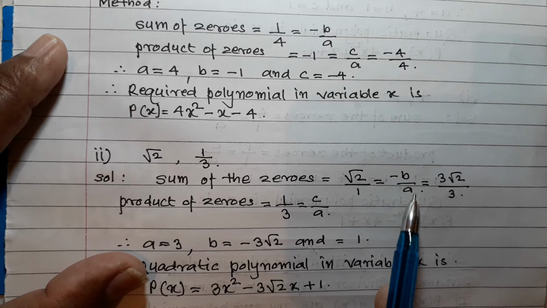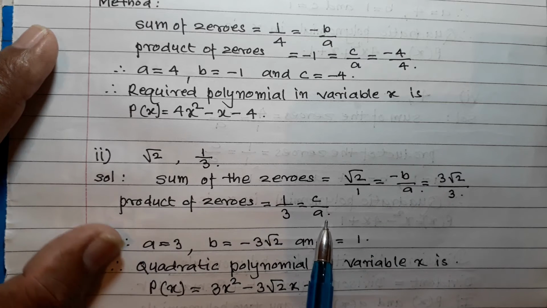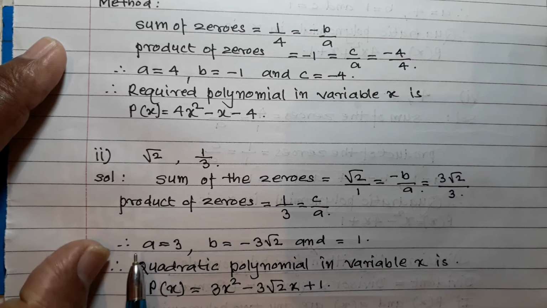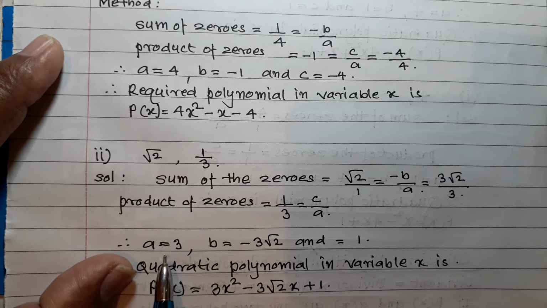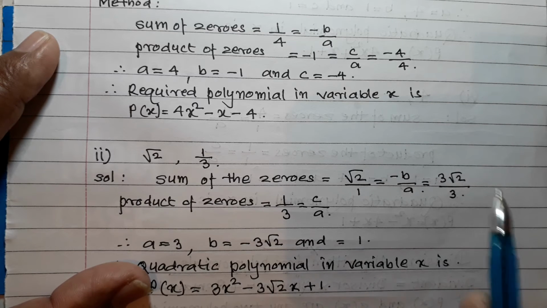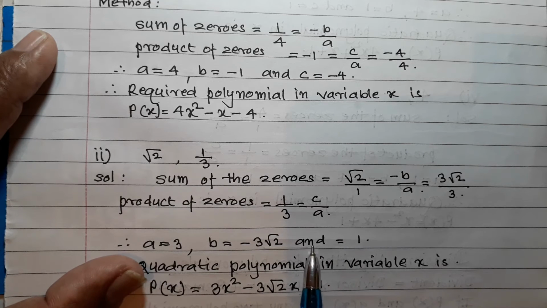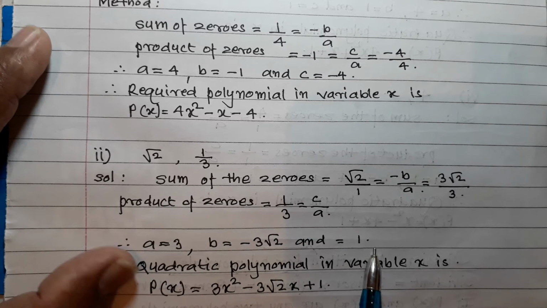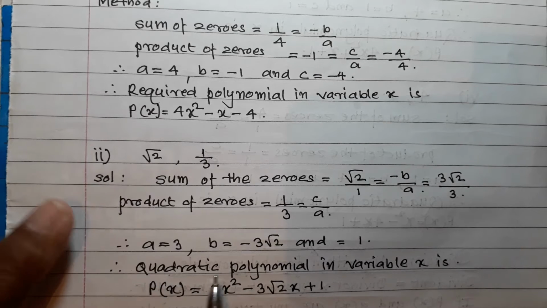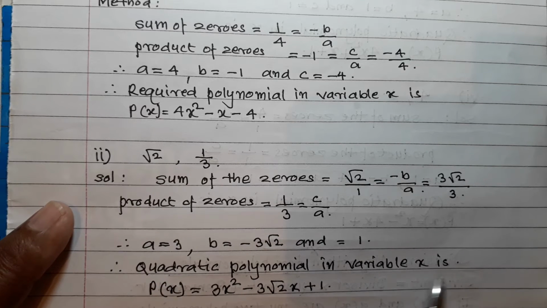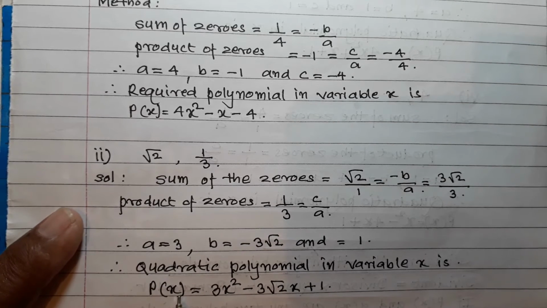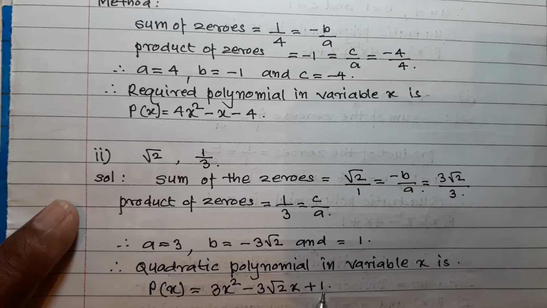So this is minus b upon a, c upon a, and therefore a is equal to 3, b is equal to minus 3 root 2, and c is equal to 1. And therefore the quadratic polynomial in variable x is p(x) equal to 3x square minus 3 root 2 x plus 1.